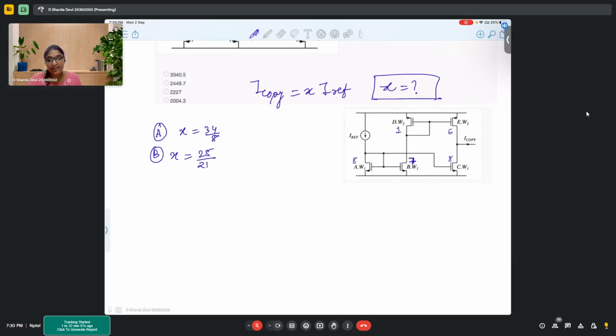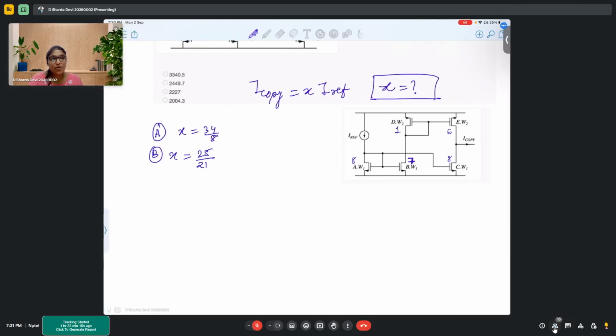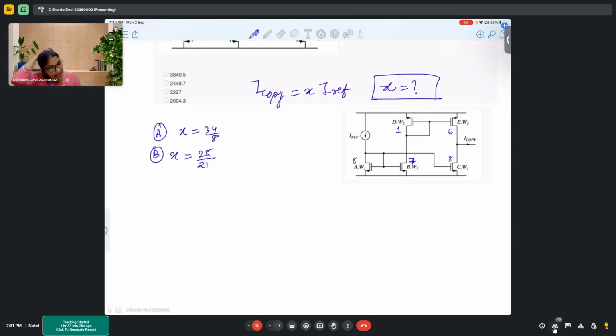The people who are raising their hands, what are the factors you are getting? Okay, so we have got two options, right? And one of them is correct.